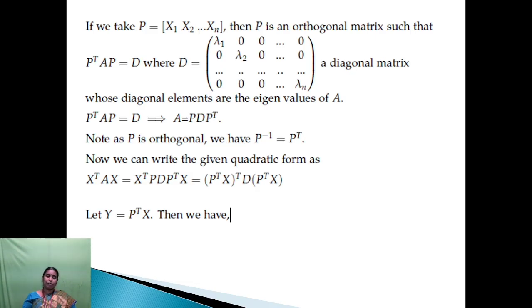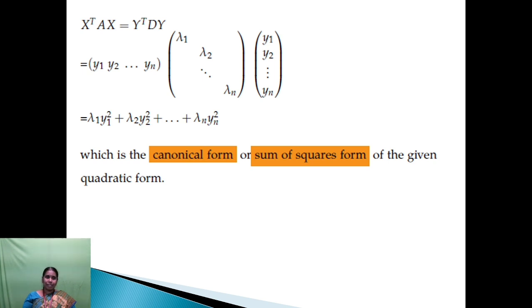Thus, the equation reduces to x transpose Ax equal to y transpose D y, where D is the diagonal matrix. On multiplying, we get lambda 1 y1² + lambda 2 y2² + etc. + lambda n yn², which is the canonical form or sum of squares form of the given quadratic form. Thus, we reduce our given quadratic form to the canonical form.